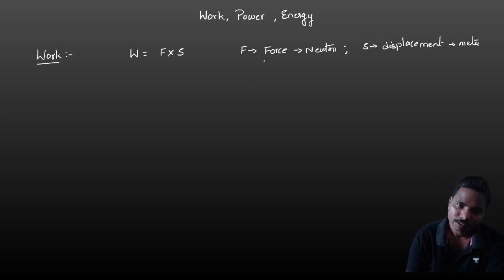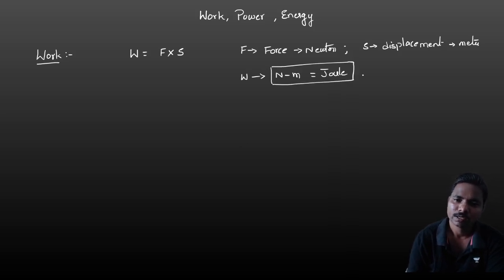So here force is in newtons and displacement in meters, so the unit of work is newton meter, and 1 newton meter is equal to joule. Very important: the unit of work is newton meter, and newton meter is equal to joule. So generally we can say the SI unit is joule.